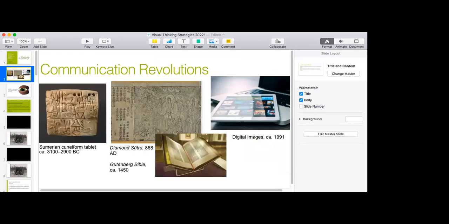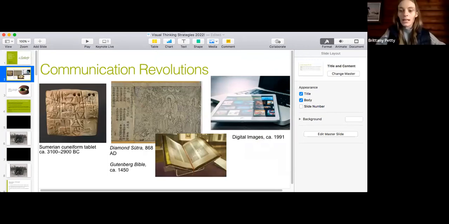I'm sure you all already know how important visuals are because you're all involved in the arts, but we are in the middle of a communication revolution. There have been three in the timeline of humanity. The first being cuneiform tablets by the Sumerians, the first wedge-shaped alphabet.